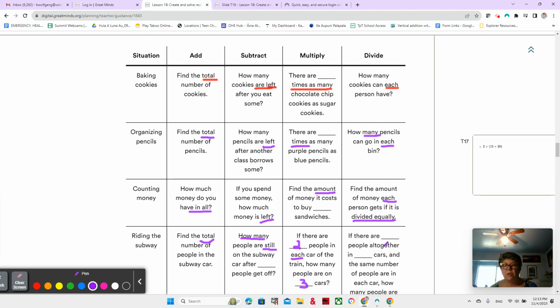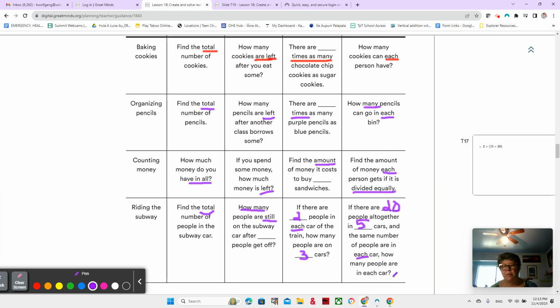If there are blank people all together in blank cars, so let's say there's 20 people all together in 5 train cars, and the same number of people are in each car, how many people are in each car? Okay, so that would be 20 divided by 5, which would be 4 people in each car. Okay, so this was just some ideas to help you brainstorm how to make some word problems that go with expressions, right? Word problems that go with expressions.